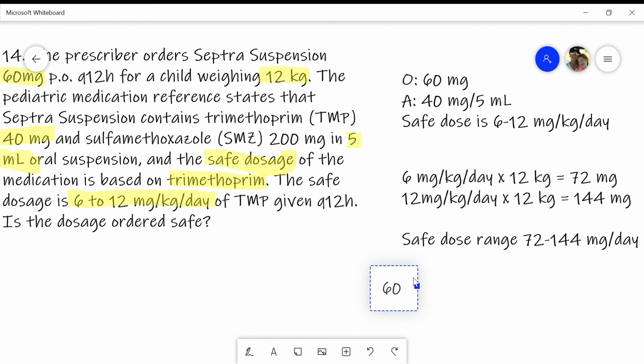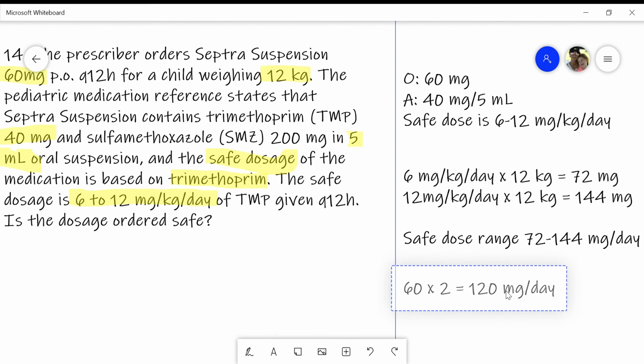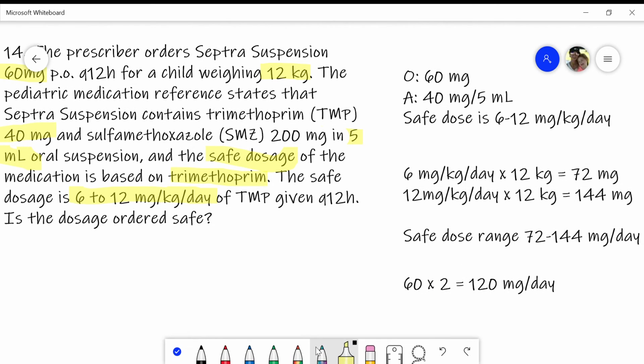So 60 times 2, because there's only 24 hours in a day, is going to be 120 milligrams a day for this child. Let me see. I kind of did it completely backwards on my thing here, but this is a lot more simple. So, yes, ma'am. So it's safe.